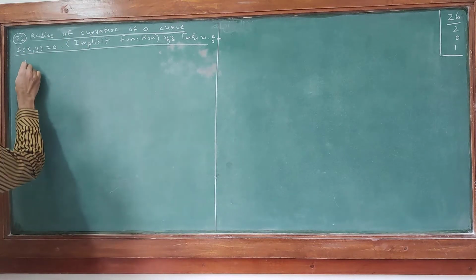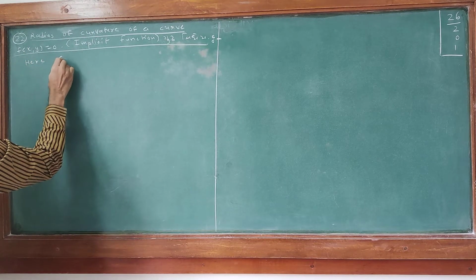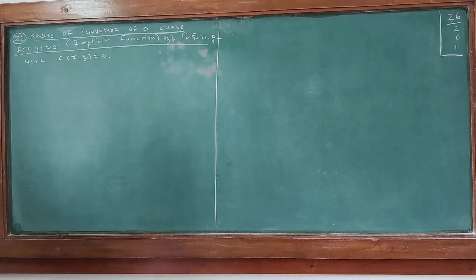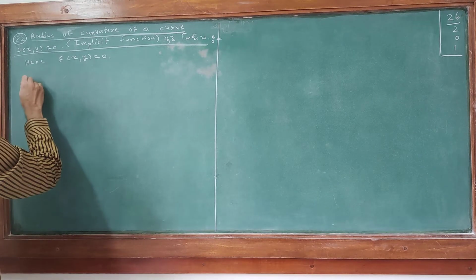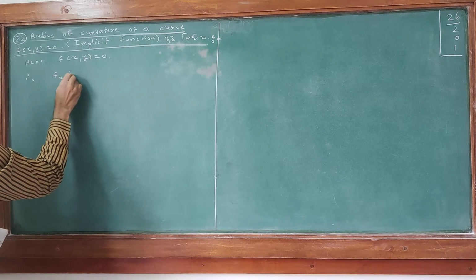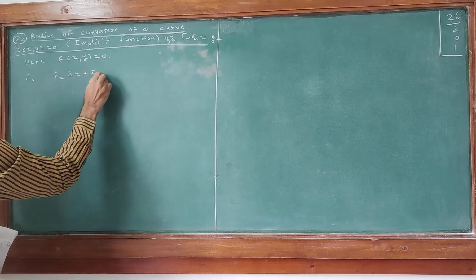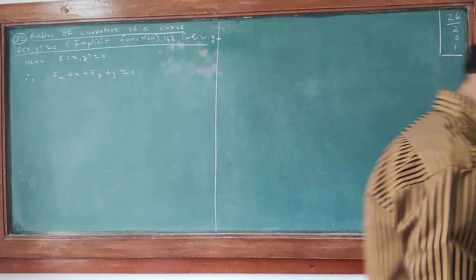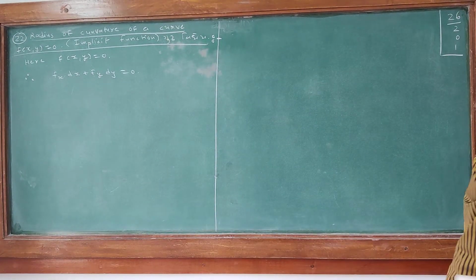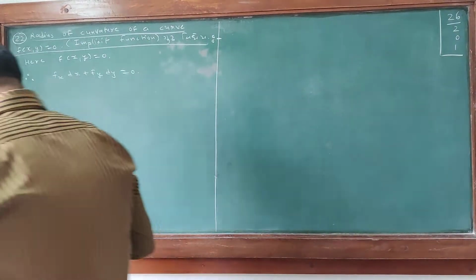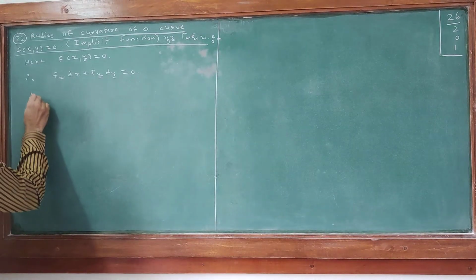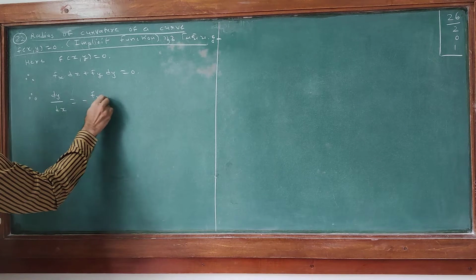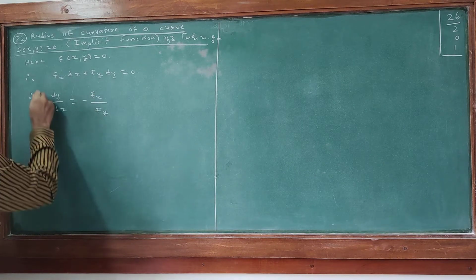Here f of x y equal to 0. Therefore f x dx plus f y dy equal to 0. Therefore dy by dx is minus f x upon f y.